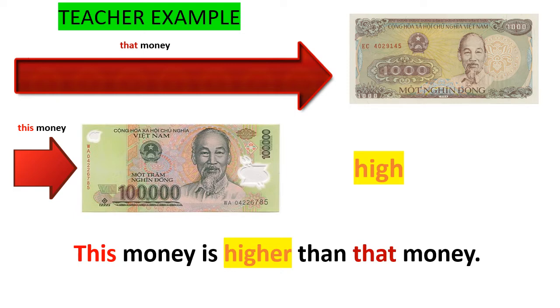I have my adjective highlighted in yellow and typed in orange, and it's high. So I have to use all of these ideas in a sentence. I noticed this money here is 100,000 Vietnamese dong, and here I notice that money is 1,000 Vietnamese dong. So I can say this money is higher than that money.